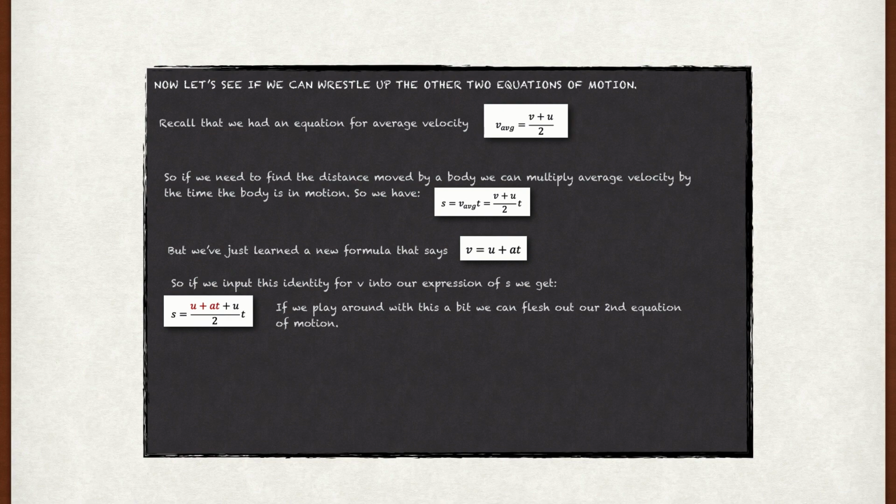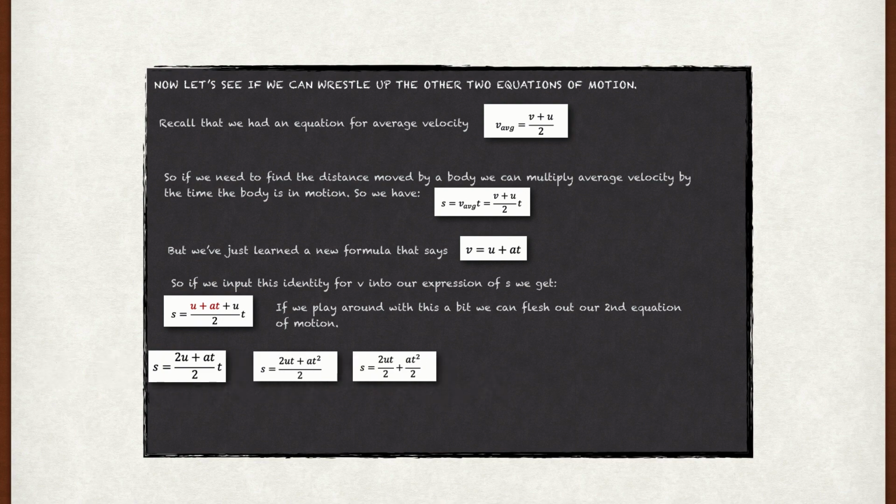If we play around with this a bit, we can flesh out our second equation of motion. So next step would be s is equal to 2u plus at over 2, all multiplied by t. What I've done is just added the u at the beginning plus the u at the end, so we get 2u. Then next we multiply through by that t at the top, so it's 2ut plus at squared, again divided by 2.